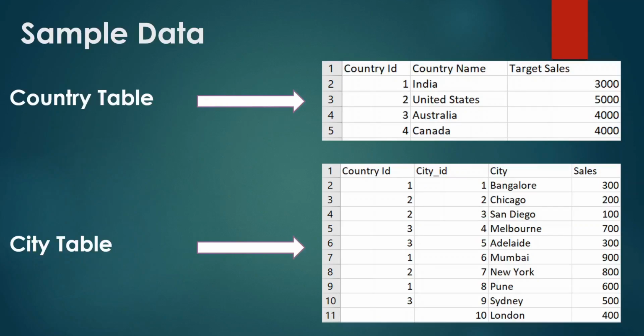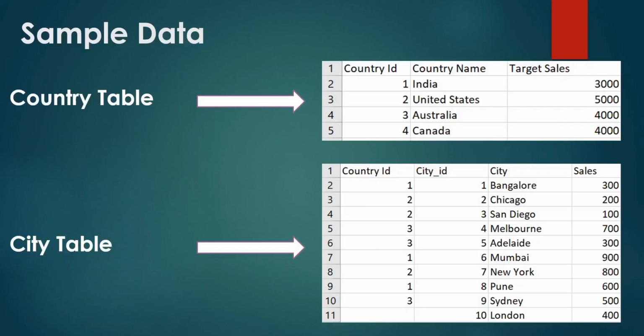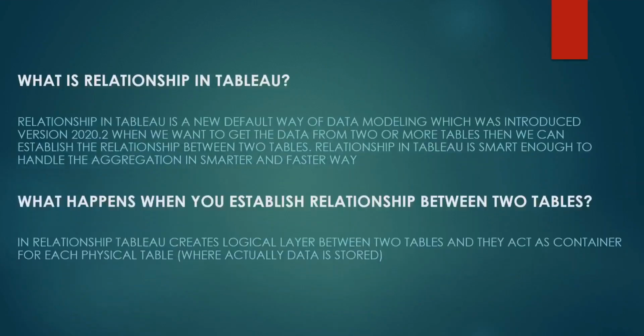So eventually this country table and city table in relationship will have a logical layer, and they will act as a container for each physical table.